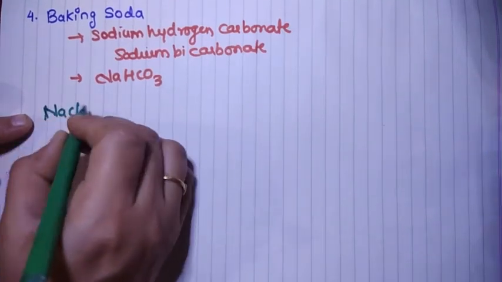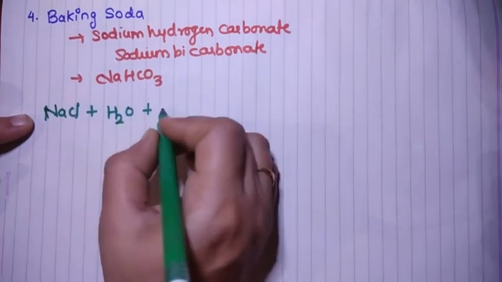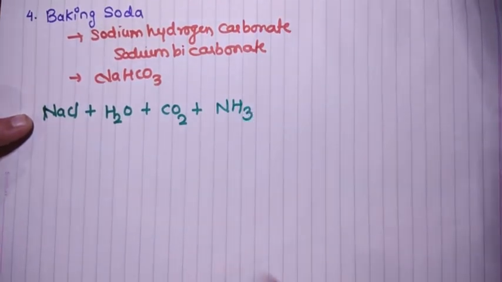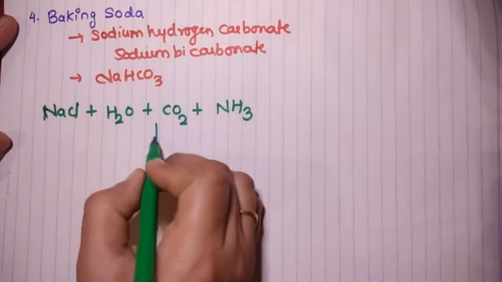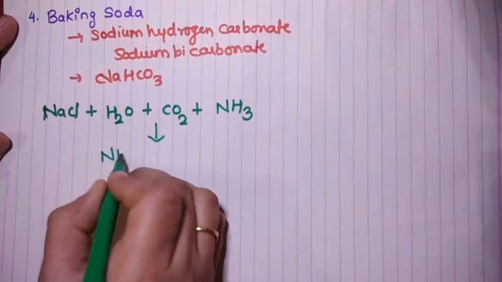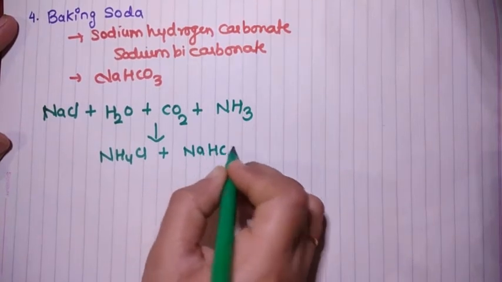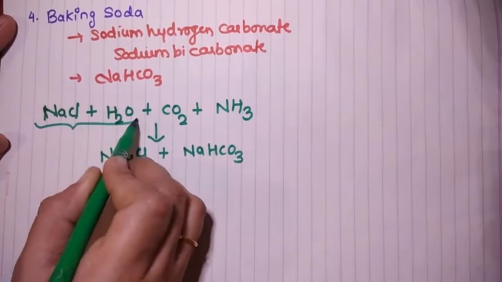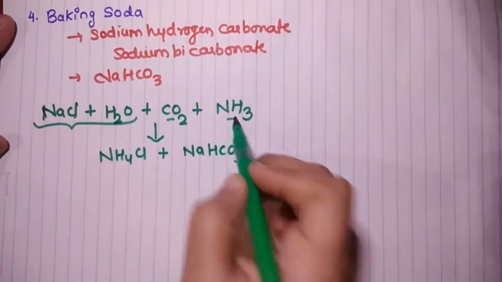NaCl plus water plus CO2 plus ammonia. So here you can see that it is generally prepared by the use of four reactants, and you will get two products, that is ammonium chloride and your baking soda, NaHCO3. So you can see that again a brine solution we have used, and we have passed CO2 gas and ammonia in this.